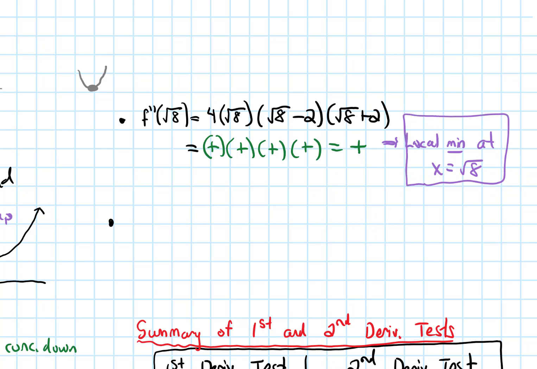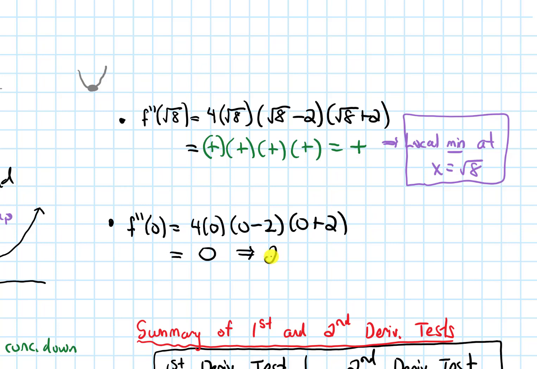Okay, so we have one final critical number to check. That was 0. If I plug 0 into my second derivative, we'll get 4 times 0 times 0 minus 2 times 0 plus 2. I notice that one of these factors is 0, so this whole thing just multiplies to 0. So this is a situation where the second derivative test is inconclusive.